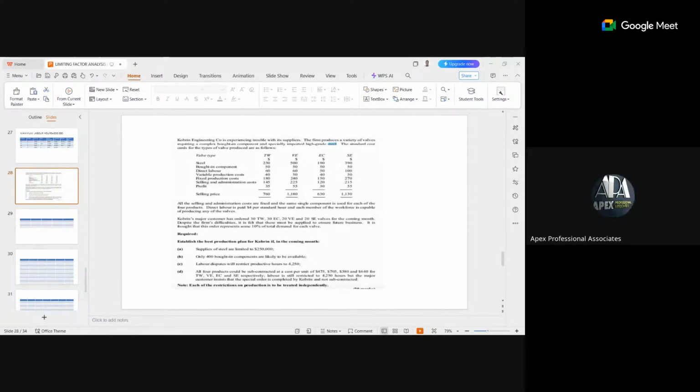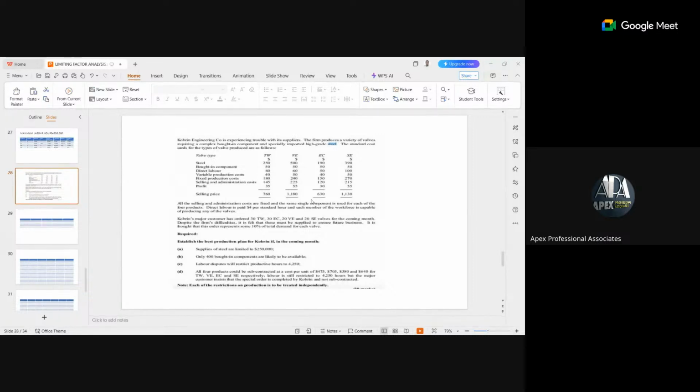Yes, okay, good. Selling price minus variable cost minus direct labor cost, bought-in components, and still it gives us the same thing, 360, right? Yes. That's a long process. So take note of that.